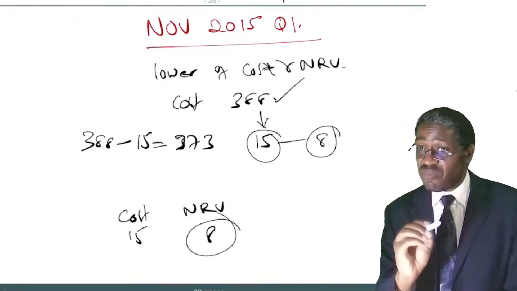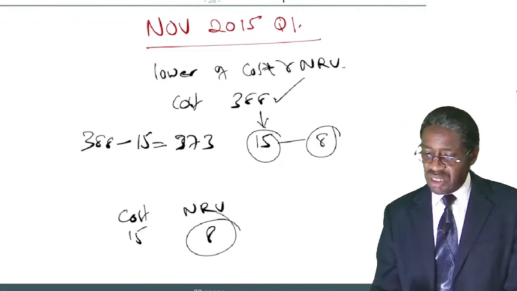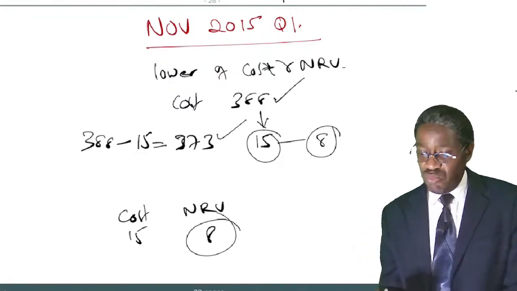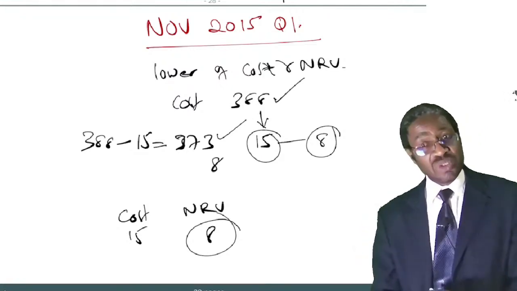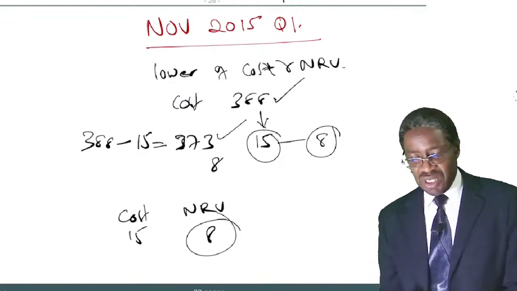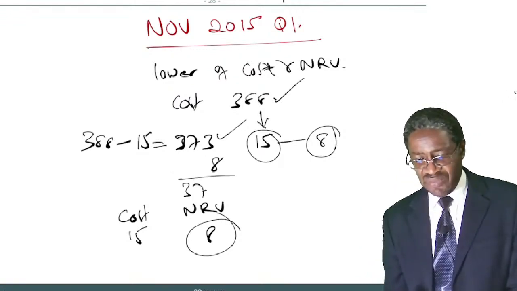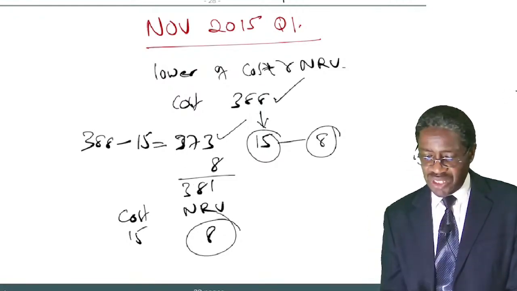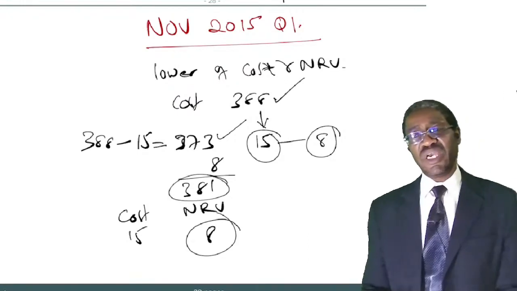So out of 388, 373 is a stock which is clean. Then you bring in the stock with an issue, at the right amount, which is 8 million. 373 plus 8 comes to 381.